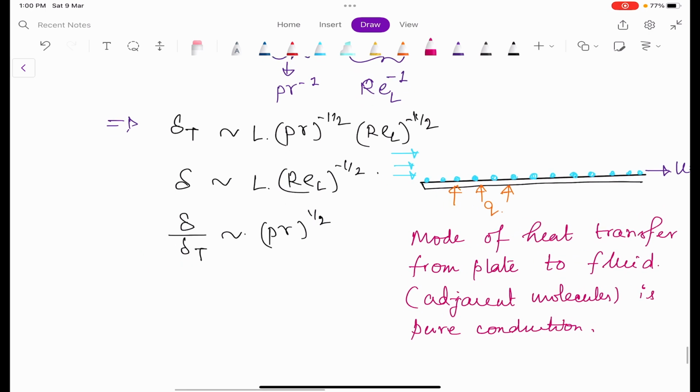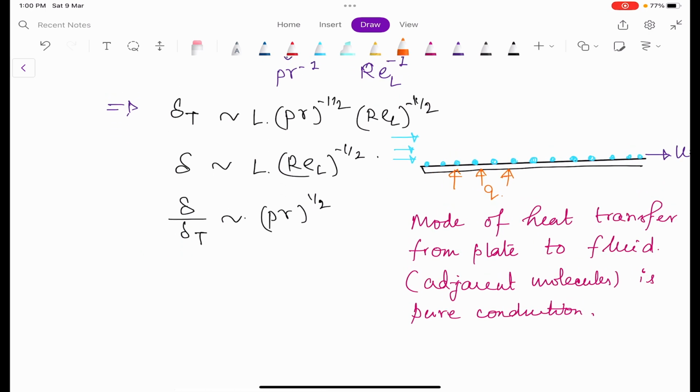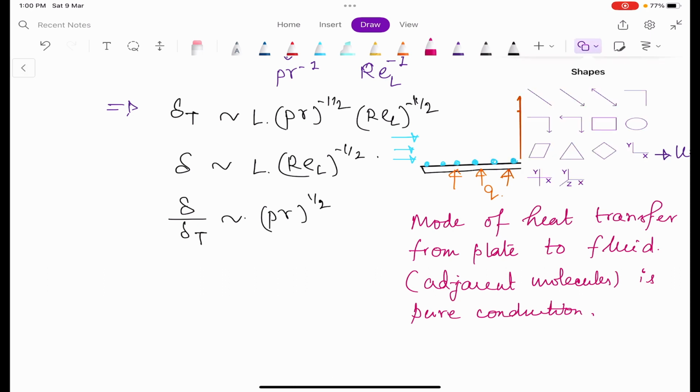Okay, so here this q will be what? If I am having my temperature profile like this, where this is the axis, here it is T infinity, and here it is Ts.